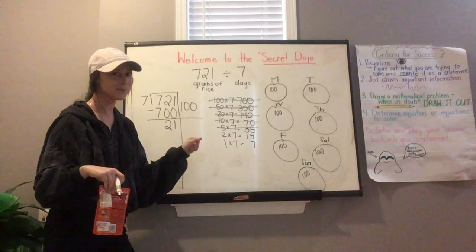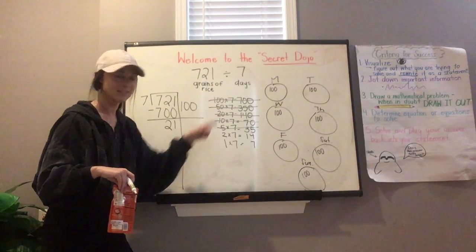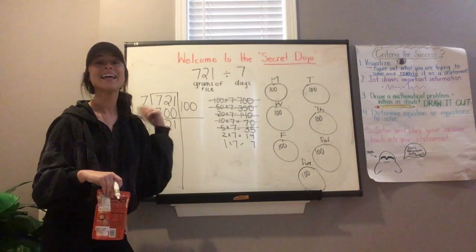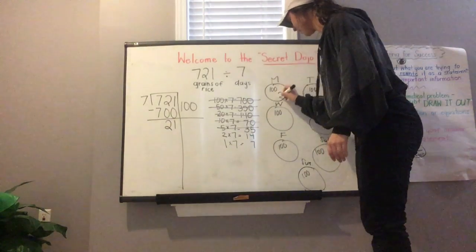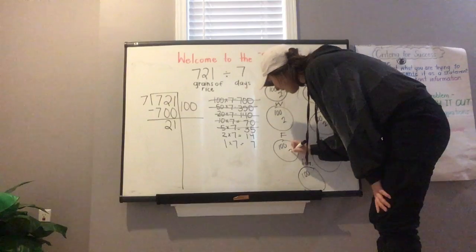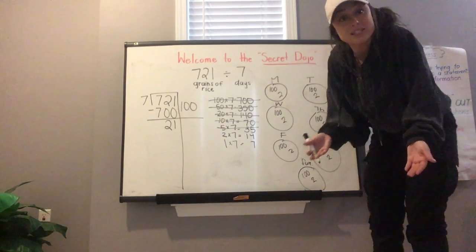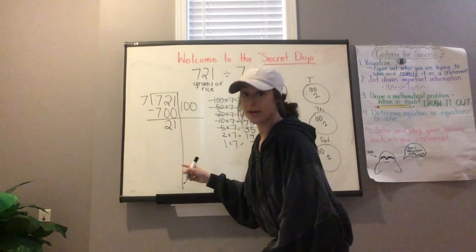Now, let's try 2. This one was interesting to me. Can I give 2 grains of rice to Monday, Tuesday, Wednesday, Thursday, Friday, Saturday, Sunday? Yes, I can. I can give 2 grains of rice to each day because that means I'm only splitting 14 grains of rice and I have a total of 21.